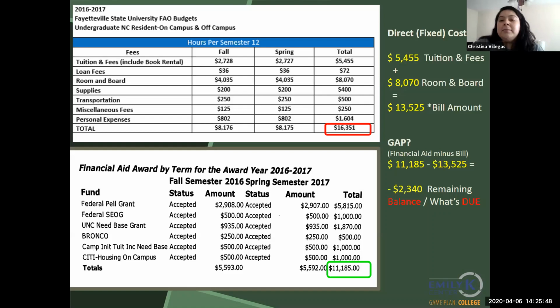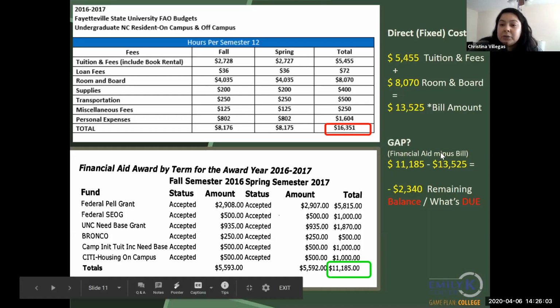Sure. So once you figure out how much financial aid and your direct costs, I created a very quick formula of figuring out what your gap is. How much am I missing in order to be able to afford this school? So I made that formula, financial aid minus your direct costs or your billed amount, estimated bill.